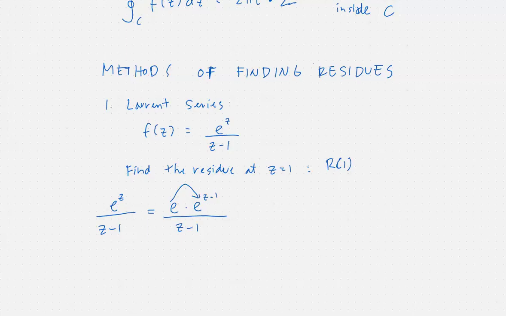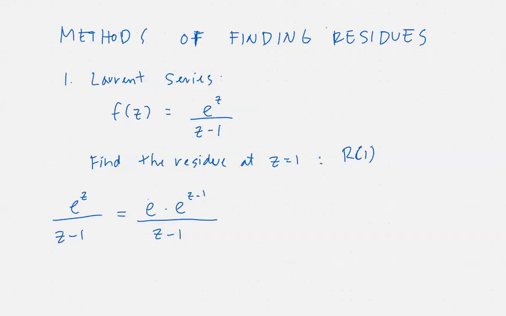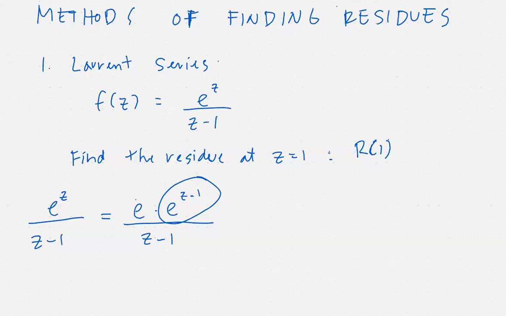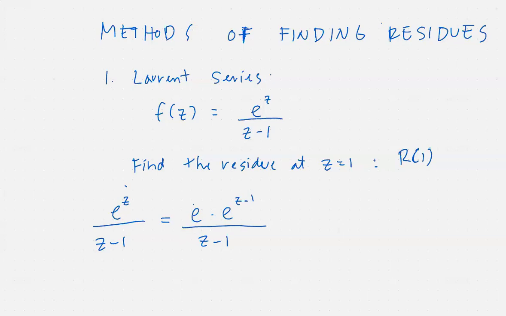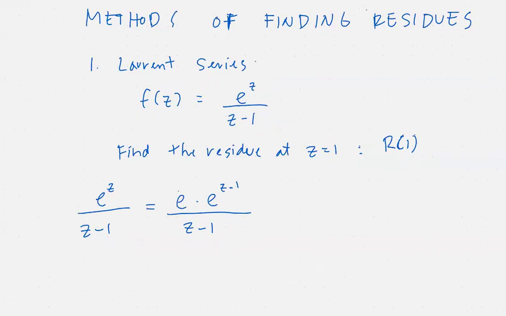Okay, now, once we have this, we can do the expansion for e, right? So maybe you're going to ask, why didn't we expand e raised to z? All right, now if we do that, then we cannot divide or cancel out the denominator.